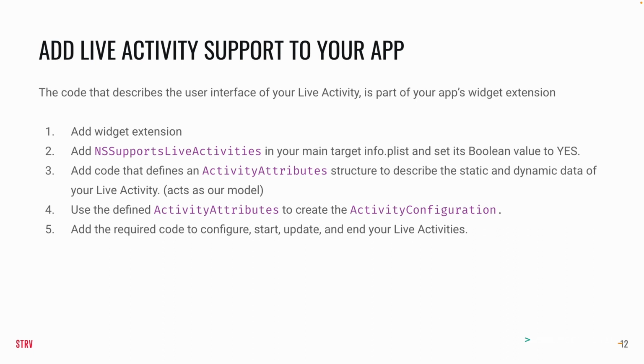Then we need to define our attributes, which are used in the live activities, by defining the activity attributes, a struct or a type. This acts as our model in the app. After that, we define the views, how they should look. And then we can start the live activity, update it, and end it.